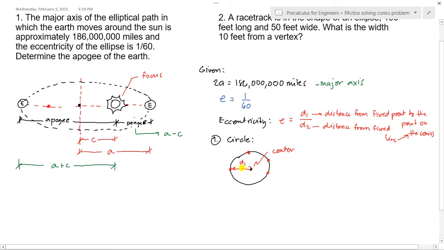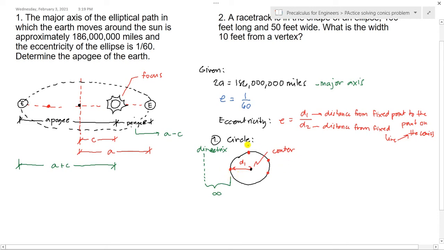Now, ang gitawag po ning fixed line, mao na gitawag nga directrix. For a circle, ang iyang directrix is very far. Like, ang distance ani from this point ma-approach infinity. So this is the directrix of our circle.